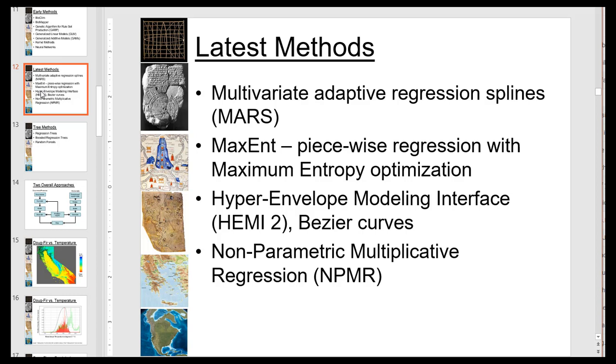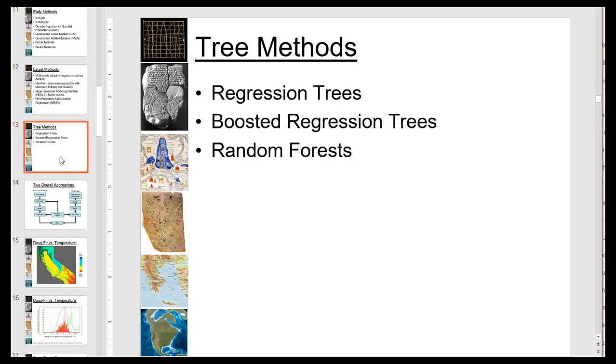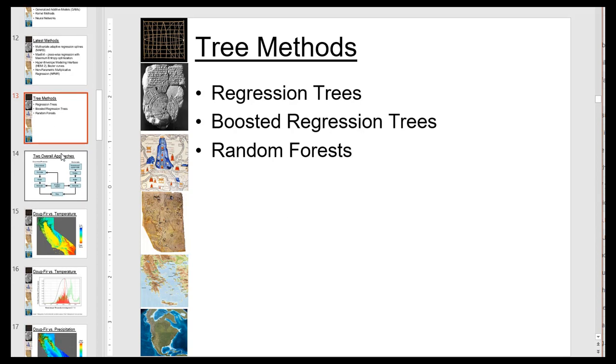Very, very popular. We'll use it next week. And then HEMI, or hyperenvelope modeling interface, the one that I created. We'll talk a little bit about that this week. NPMR not being used a lot, but it's another one that's interesting. You can use tree methods, but we get into some of the same issues that we do before with overfitting.